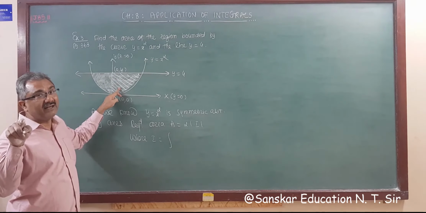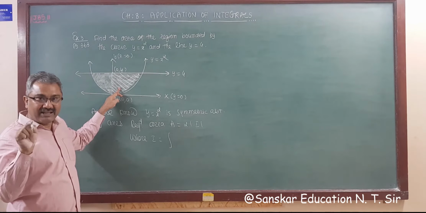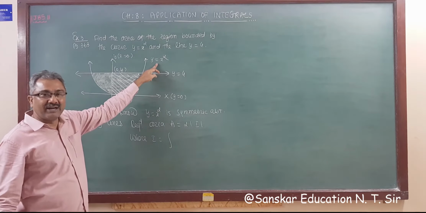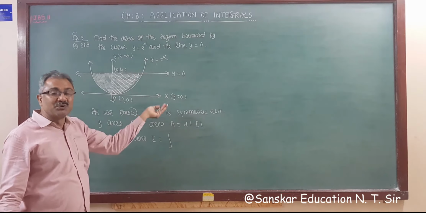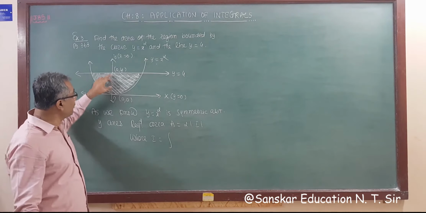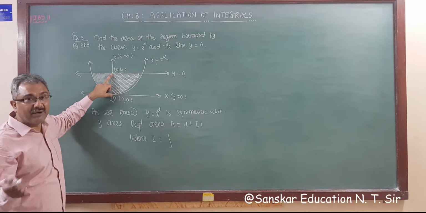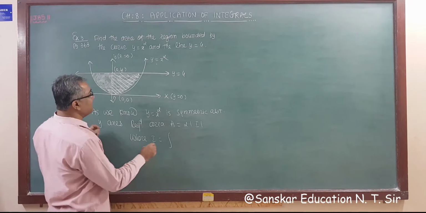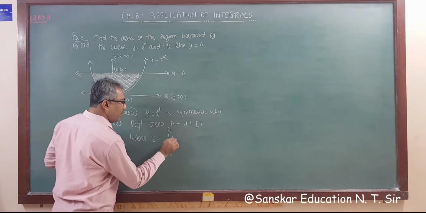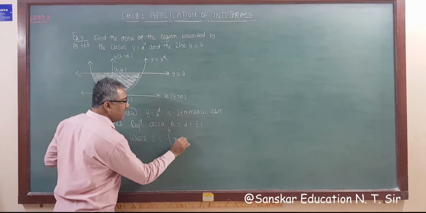Two parallel lines, and the curve is y equal to x square. But what do we require?